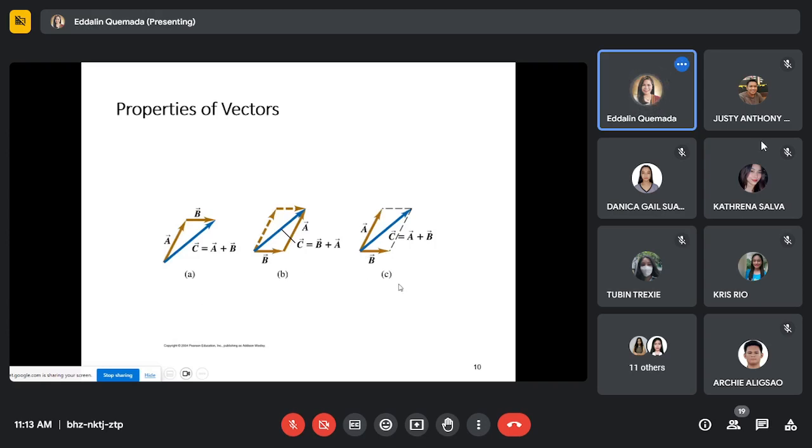How are the vectors being plotted this time in C? It's not head to tail, Miss. Not head to tail. Very good. How are they being plotted this time? How are they being connected this time?